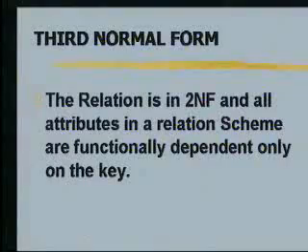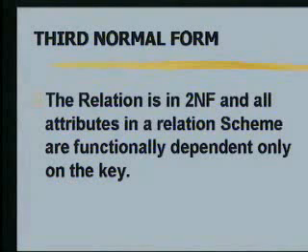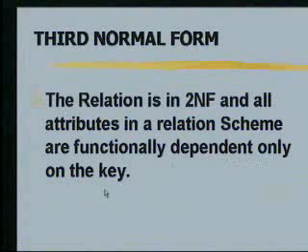There are redundancies, and obviously it is going to lead to problems relating to insertion anomalies and deletion anomalies. To avoid such things, we need to go to third normal form. What is third normal form? The third normal form is defined to be that a relation should be in 2NF and all attributes in a relation scheme are functionally dependent only on the key.